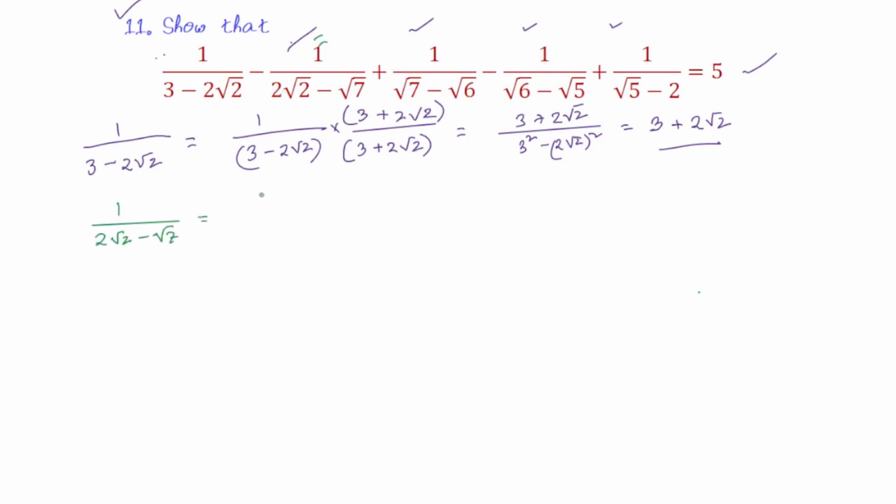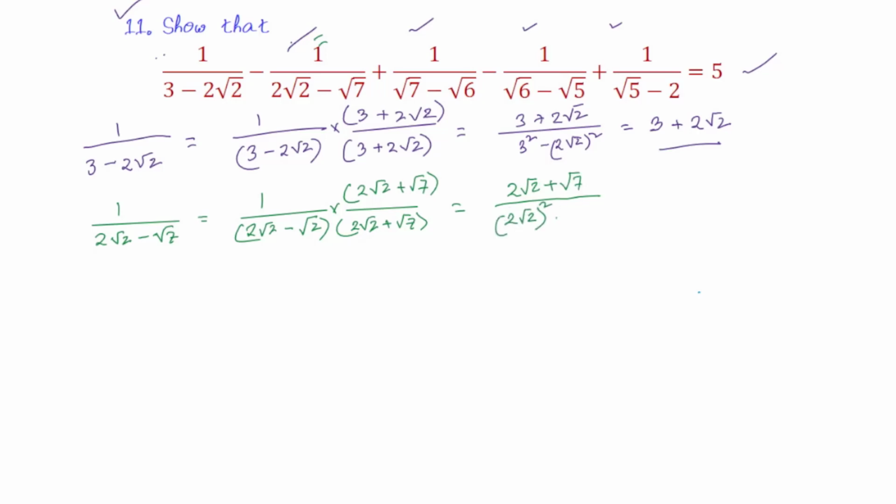This is equal to, you do the rationalization, so multiply by 2 root 2 plus root 7 over 2 root 2 plus root 7. So this is equal to, divided by (2 root 2) whole square, which is equal to 8, minus (root 7) whole square, which is equal to 7.